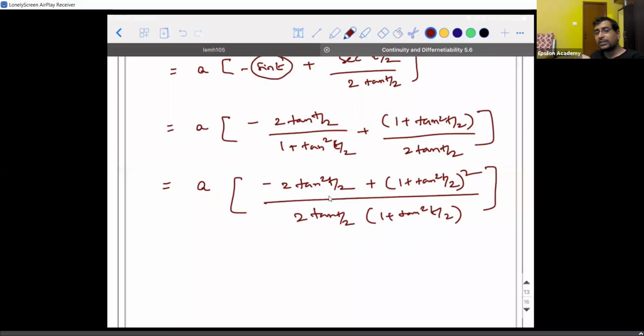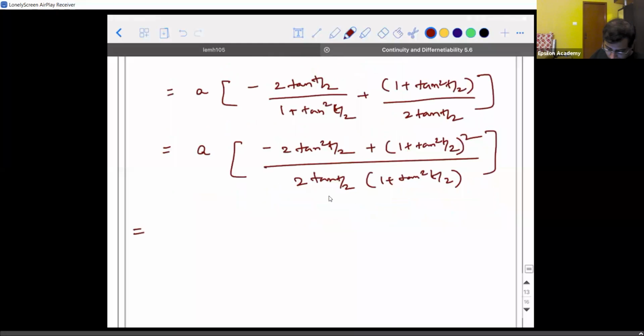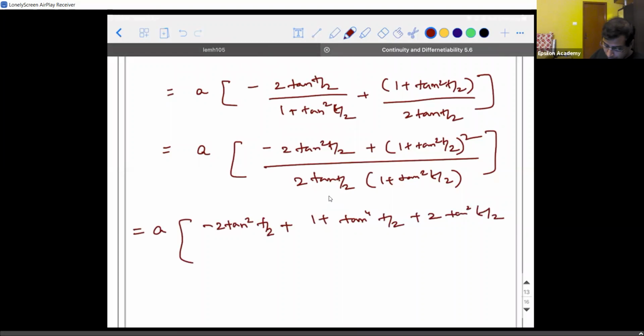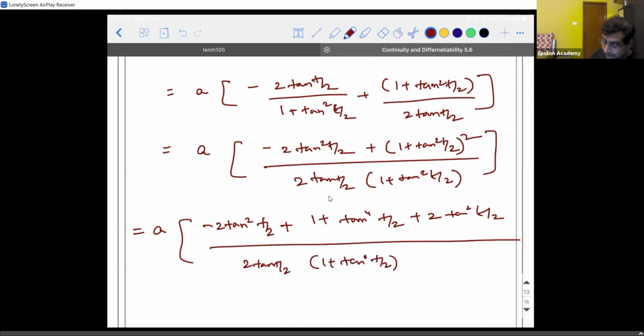A square plus b square plus 2ab. Minus 2 tan square t by 2 plus 1 plus tan power 4 t by 2 plus 2 tan square t by 2, the whole divided by 2 tan t by 2 into 1 plus tan square t by 2.